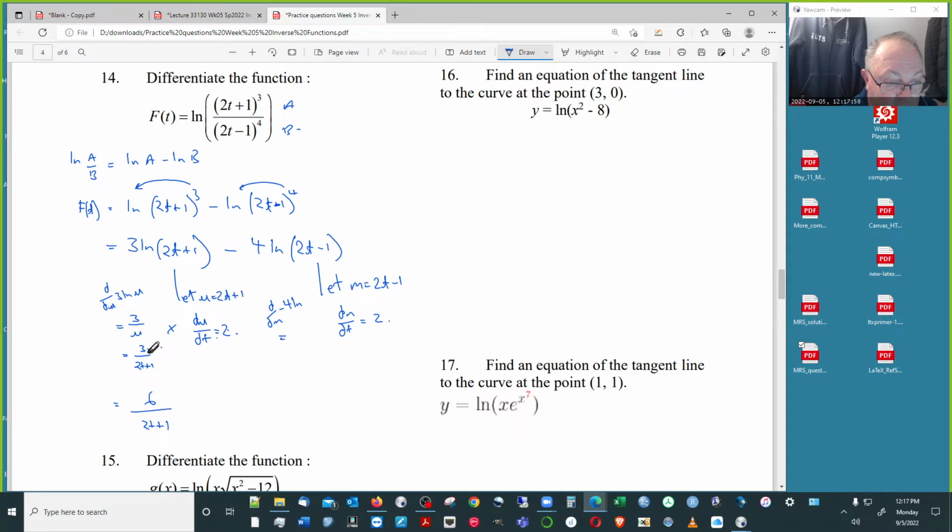Sorry, I didn't put it up there. 3 times 2. So this one here is minus 4 over m, which is minus 4 over 2t minus 1. And then we're timesing them. So we end up with minus 8 over 2t minus 1. Alright, so they're together.